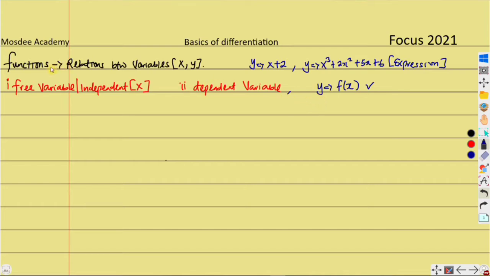Now, having said that, we can quickly also introduce ourselves to types of functions, because we also need that to understand the concept of a basis of differentiation. There are different types of functions. As I've said, we write functions as y is equals to f of x. Generally, I told you I'm doing this because of physics, which is also going to help us in mathematics. In physics, we classify functions into four. They are what we call the algebraic function.